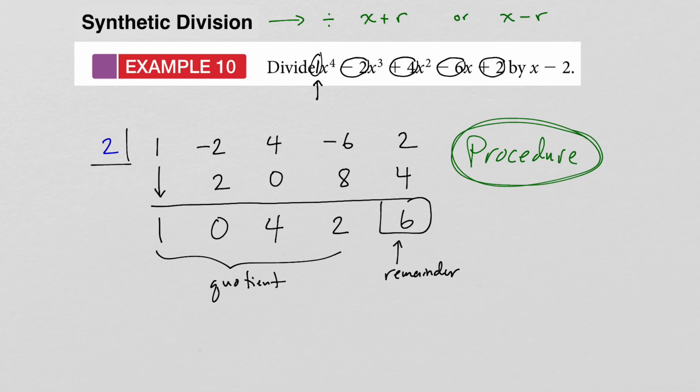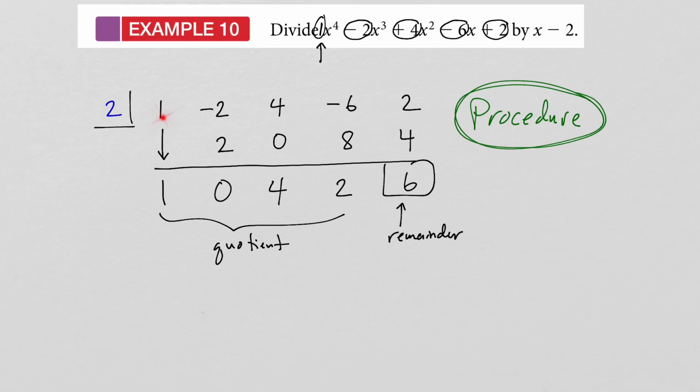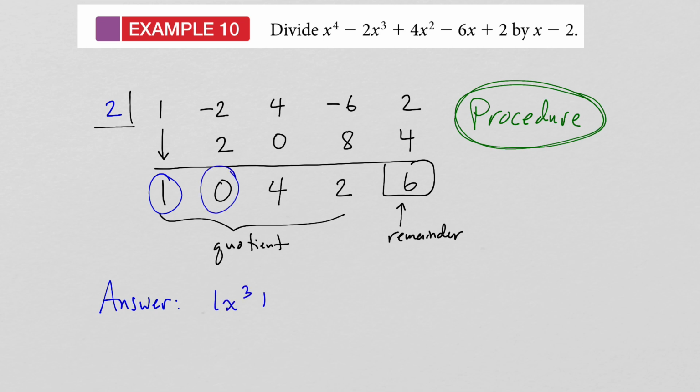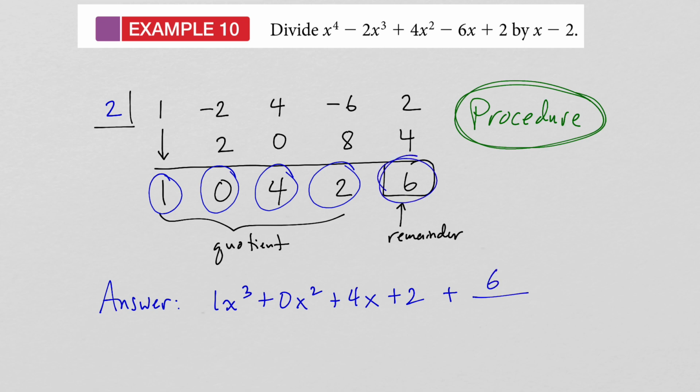Now, of course, we're not going to write our answer like that. Just like these numbers represented the polynomial up here that you started with, these numbers are going to represent your answer. And the answer is going to be 1 degree less than what you started with. So our answer is going to be 1x cubed plus 0x squared plus 4x plus 2 plus our remainder is 6, and that goes over our original divisor, which was x minus 2.